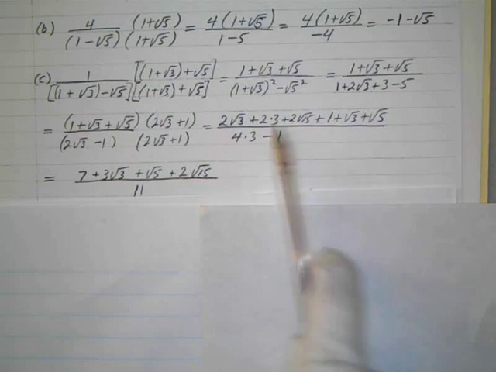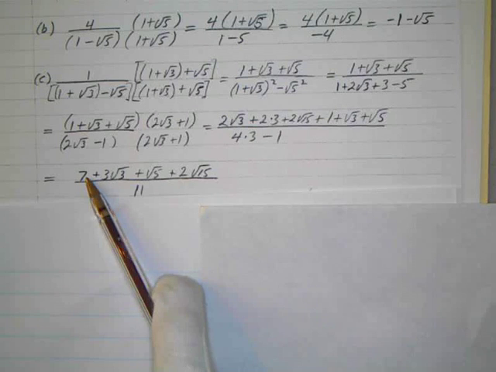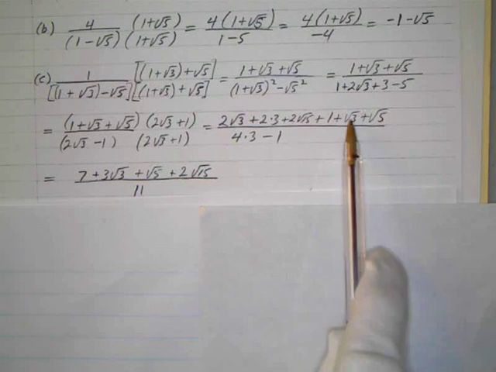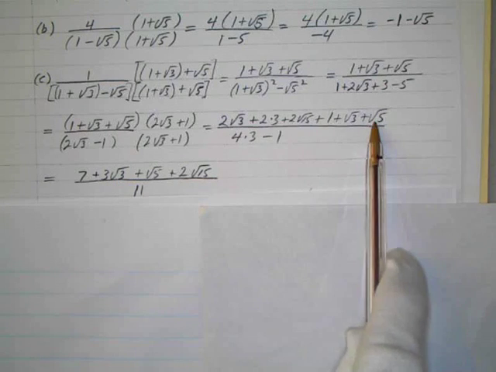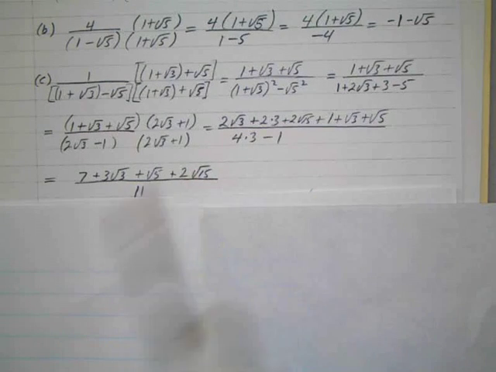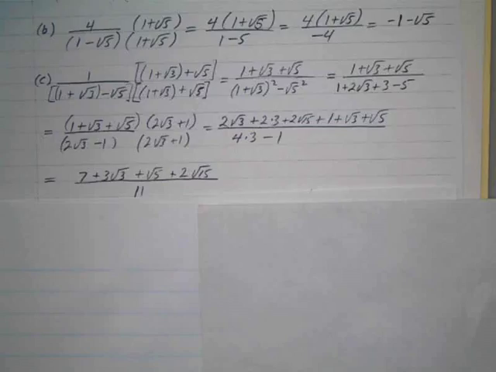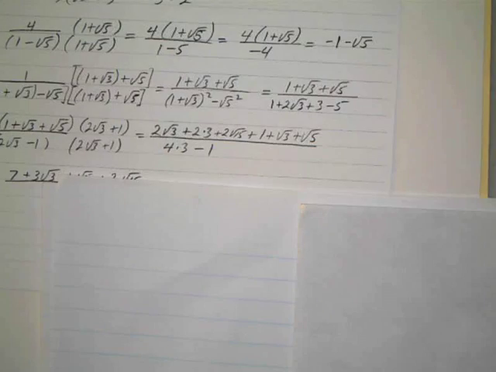I had 2 times 3 is 6, plus 1 is 7. And then 2 square roots of 3 plus 1 square root of 3 is 3 square roots of 3. The square root of 5 and the 2 square roots of 15 were just left alone because there's nothing to combine them with. Alrighty, and that was it.